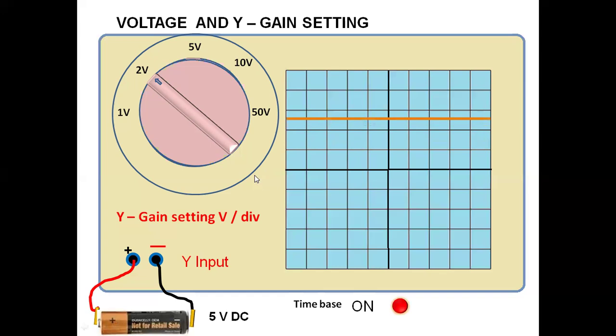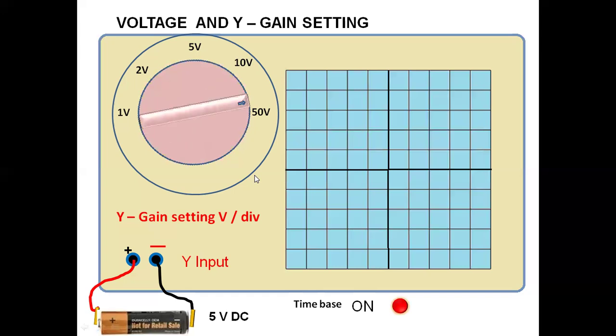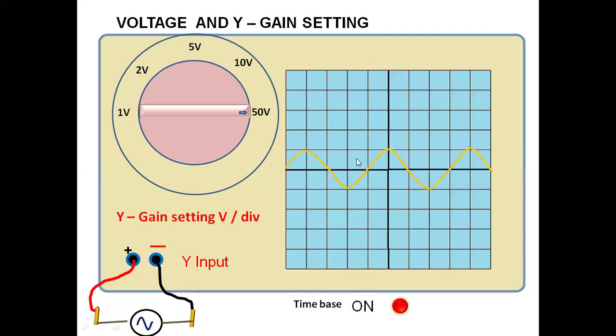And what will happen when we change the supply into AC? What will happen as a result? The wave is seen because the time base is on. If the time base is not on, a vertical line will be seen on the screen.